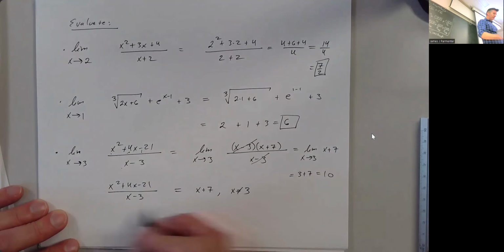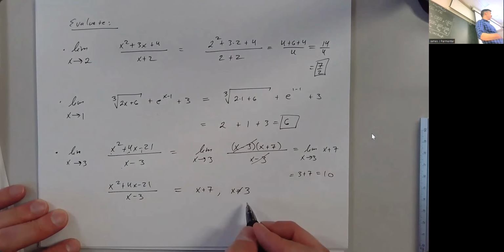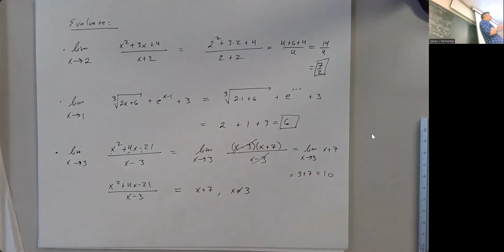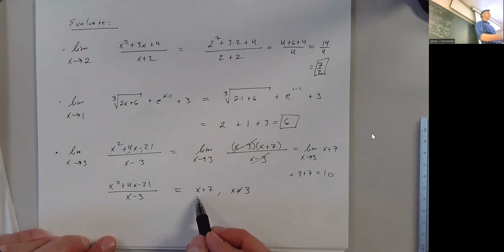So this is equal to this as long as x isn't 3. They're the same everywhere except at 3, which means that as x gets really close to 3, they both get close to the same value. Here you can just see, 3 plus 7 is 10.